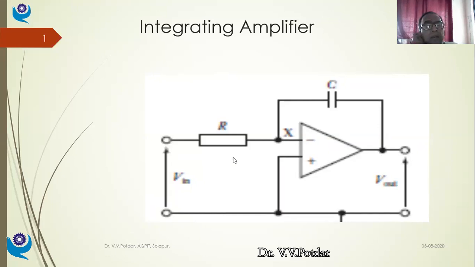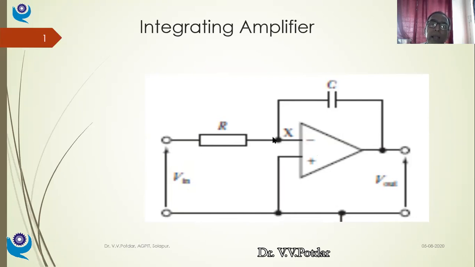Current I is flowing in this branch of the loop. There is a supply voltage, and current I is flowing across R and the operational amplifier. As I said, there is no current consumption at the operational amplifier. So the signal will come back, and I will be flowing through this circuit. So this I will be flowing through resistance R. So Vin will be equal to I into R.